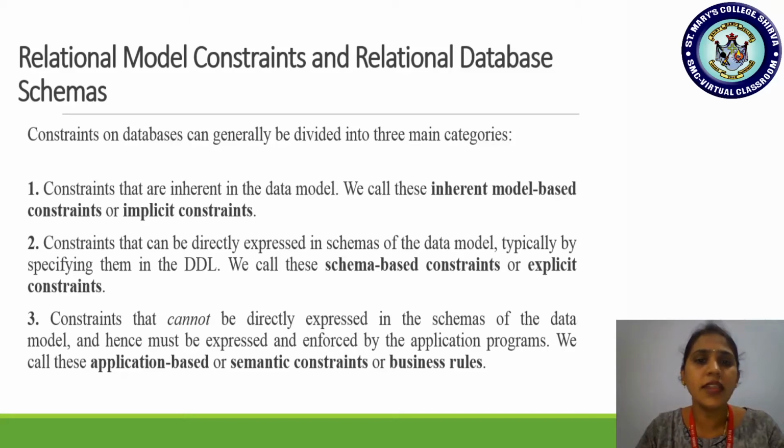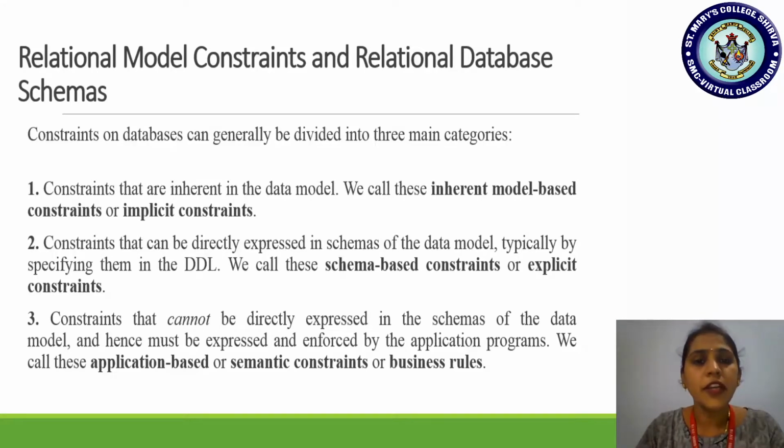Let us understand what those different ways are. The first one: constraints that are inherent in the data model. We call these inherent model-based constraints or implicit constraints. What do you mean by the term inherent? I think you are now familiar with this term from the C++ subject, right? Inherent means getting the features from a superclass. A new class we are creating gets the properties of an already existing class.